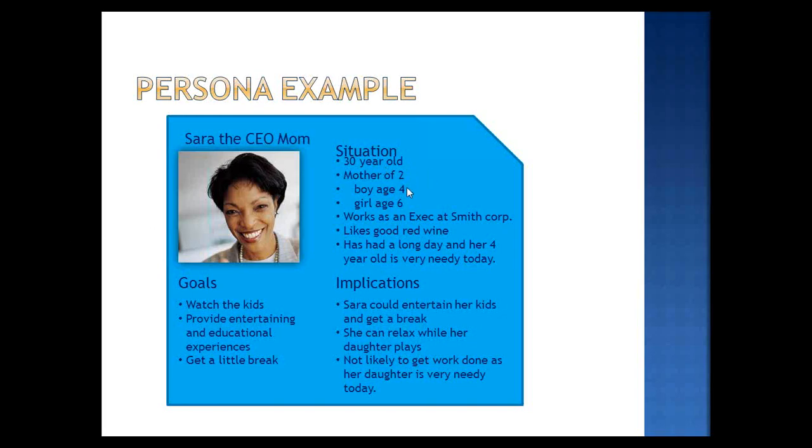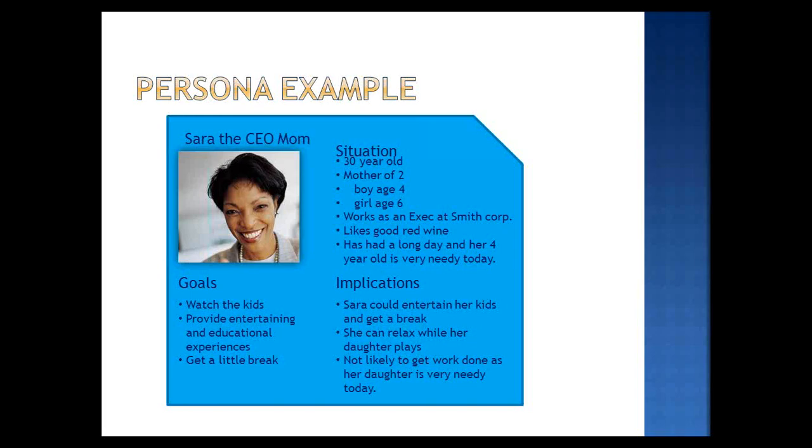What's her situation? Well, she's 30 years old. She's the mother of 2, a boy and a girl. She works as an executive for Smith Corp. So you give her a backstory. Who is she? What does she do? What is she like, not like? And then what are the implications to her for the work that you're doing? If you had this beautiful playground, in the case of this class, she could get a break.